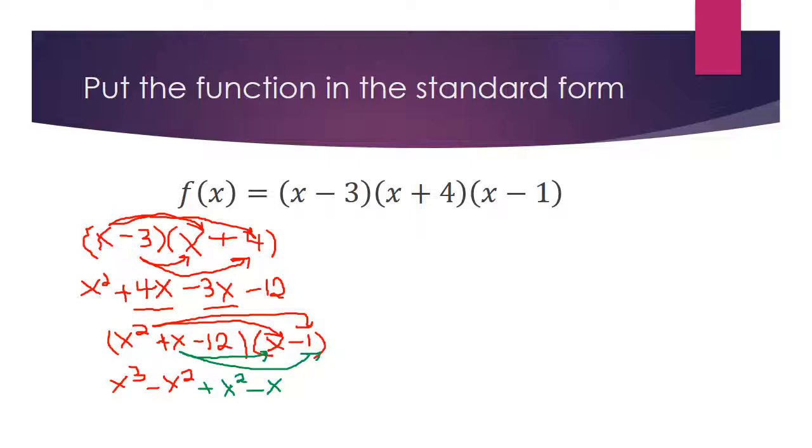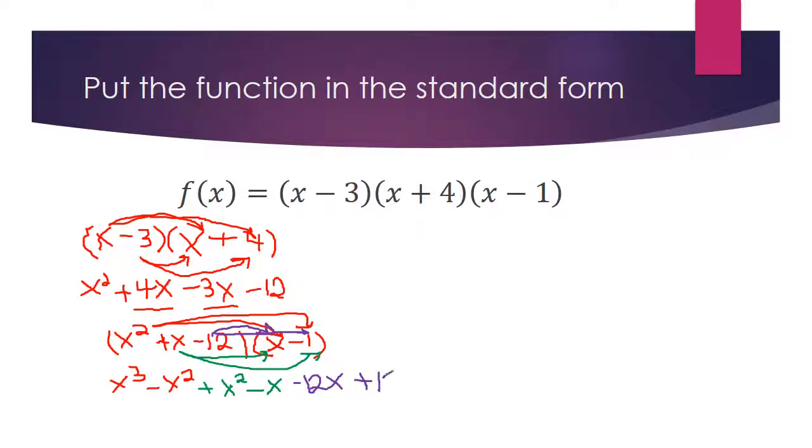After that, we will have to multiply negative 12 by x, which is negative 12x, and negative 12 by negative 1, which is 12.